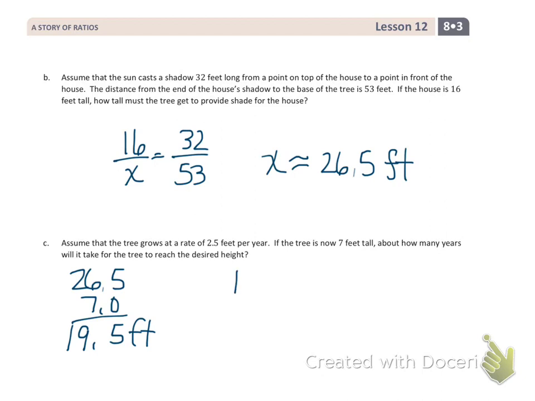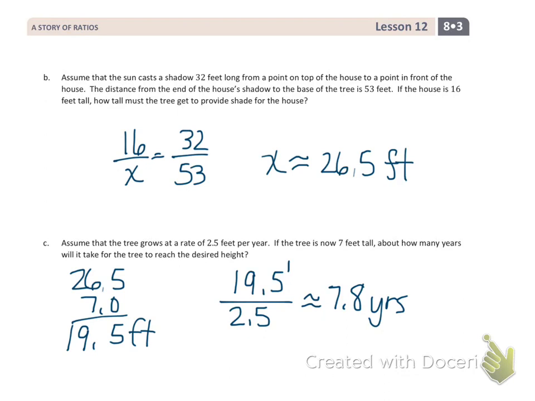So if I have 19.5 feet, and I divide that by 2.5 feet per year, that's going to tell me how many years it's going to take to get to that point. So it's going to tell me how many 2.5s are in 19.5, which would give me an idea of how many years. And if I do the math on this, it's going to take about 7.8 years to grow to that height.